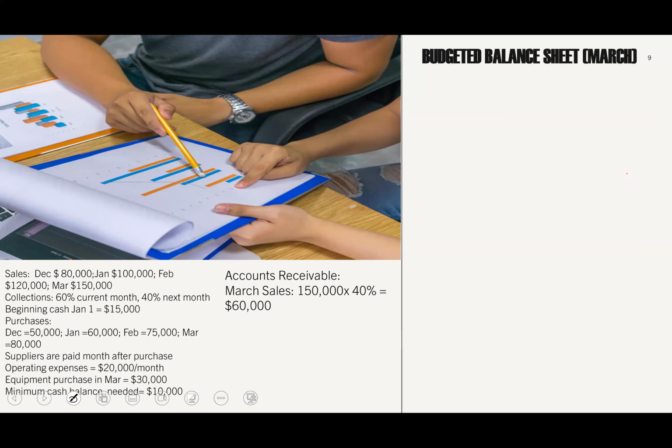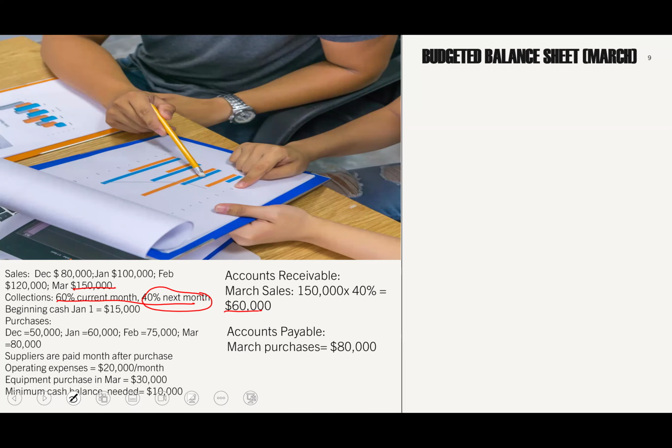Remember, our cash collection pattern was 60/40. So 40% of March sales I have not yet collected at the end of the month of March. So this is 150,000. 40% of that is 60,000, which will become my accounts receivable.